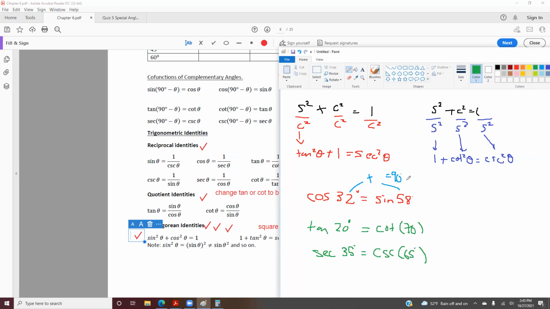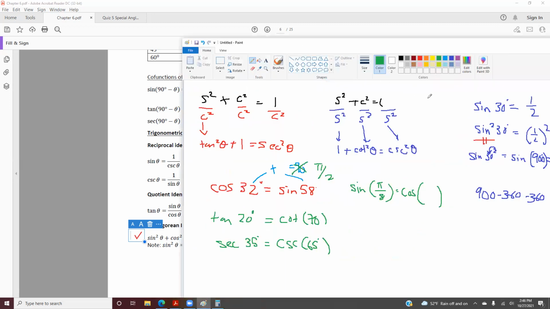Now it can be radians. If it's radians, then we don't use 90, it will be pi over 2. So if I give you sine pi over 8, then this will become cosine of what? What you do is you take pi over 2 minus pi over 8.